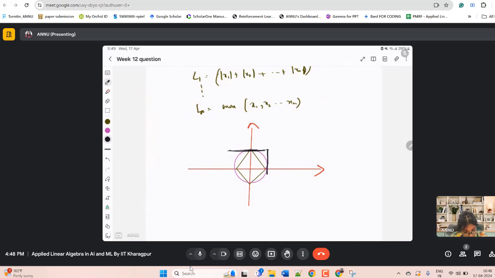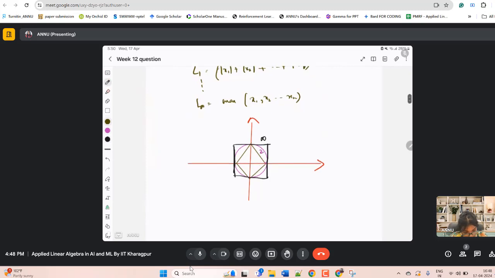So this is infinity, this is 2 norm, this is 1 norm.